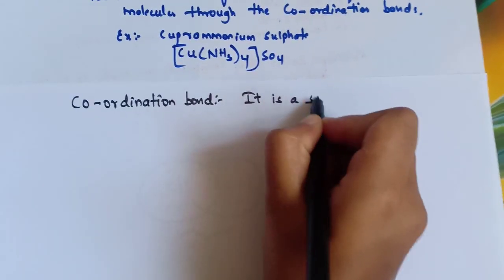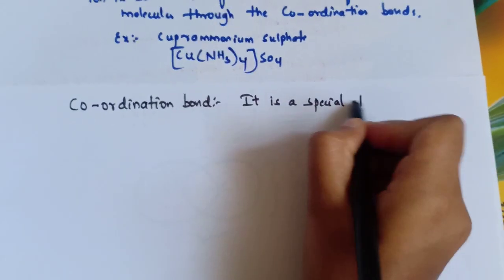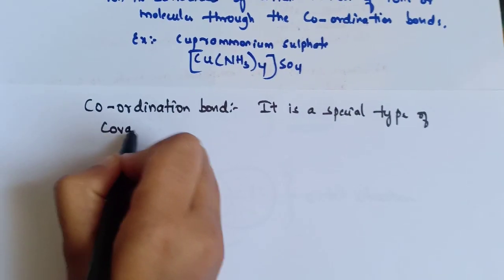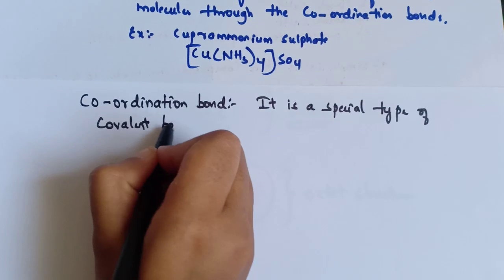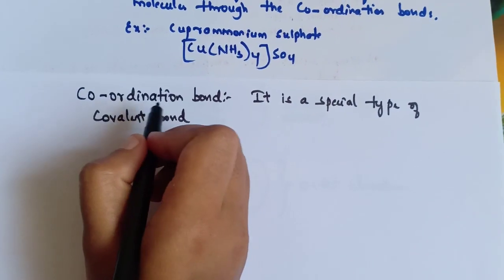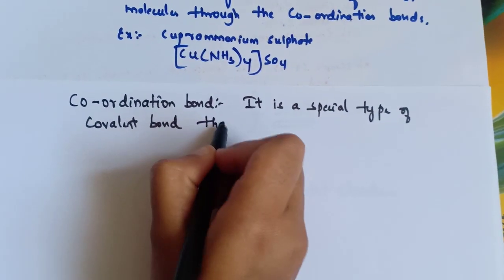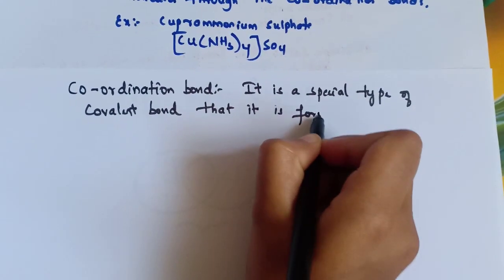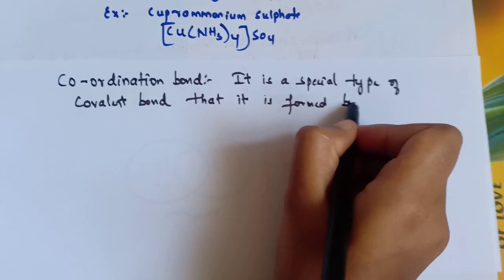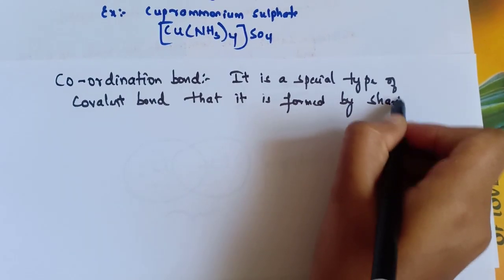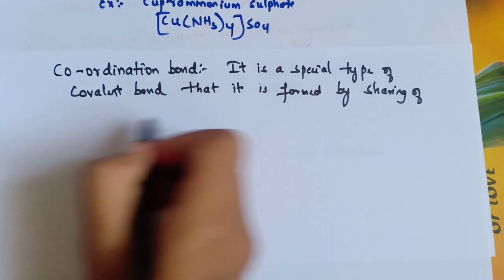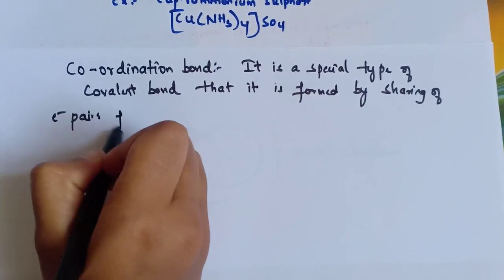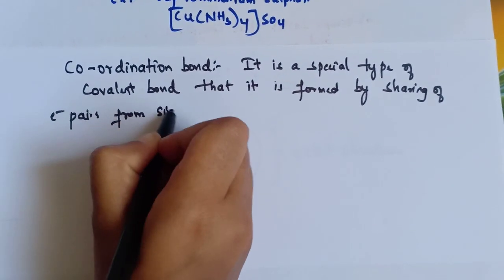It is a special type of covalent bond that is formed by sharing of electron pairs from a single atom.